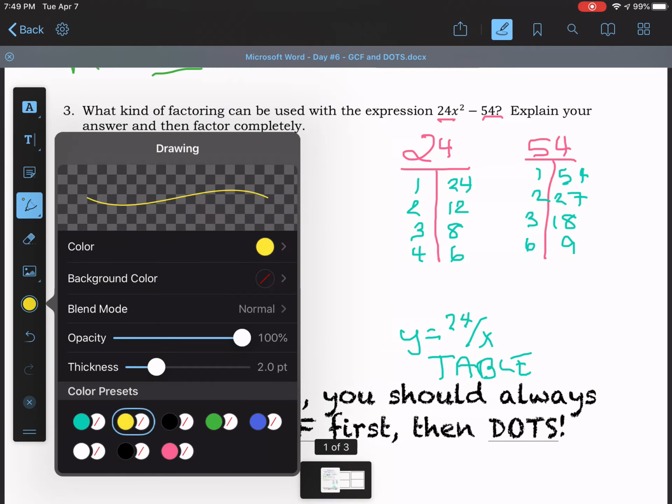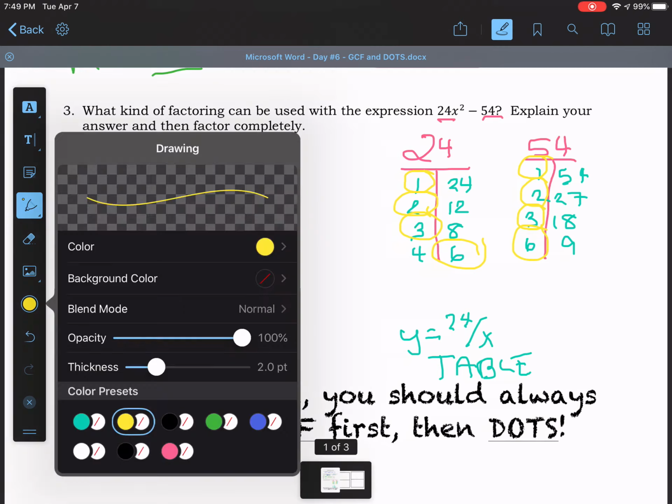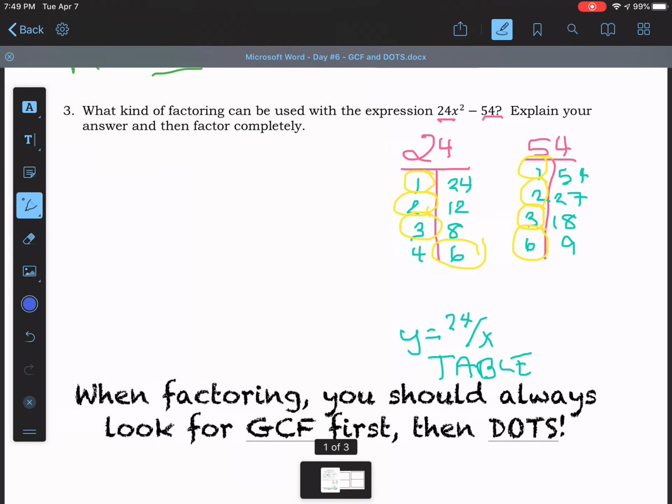So now I'm going to go ahead and just circle the numbers that both lists have. So both lists have 1, both lists have 2, both lists have 3, and both lists have 6. Okay? So those are all common factors, but the greatest common factor, the biggest of all of those numbers, is 6. So our GCF is 6.